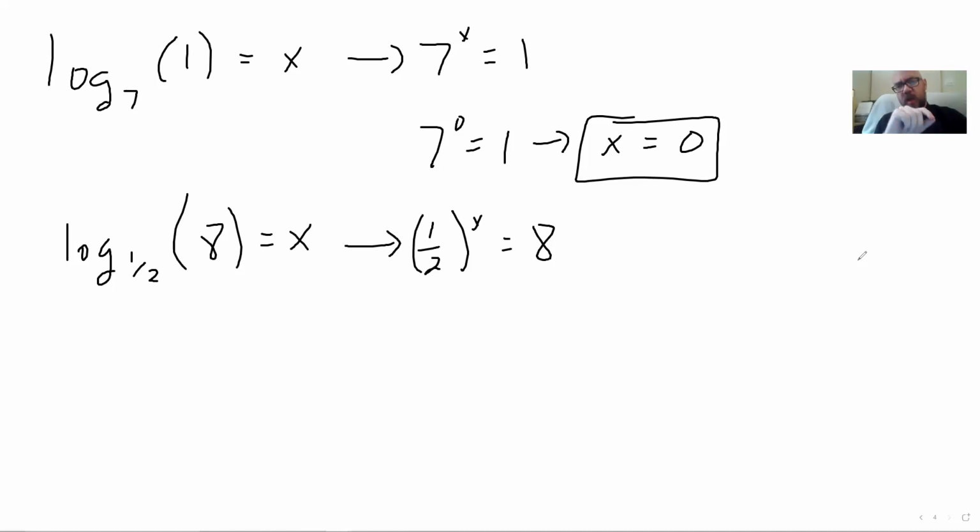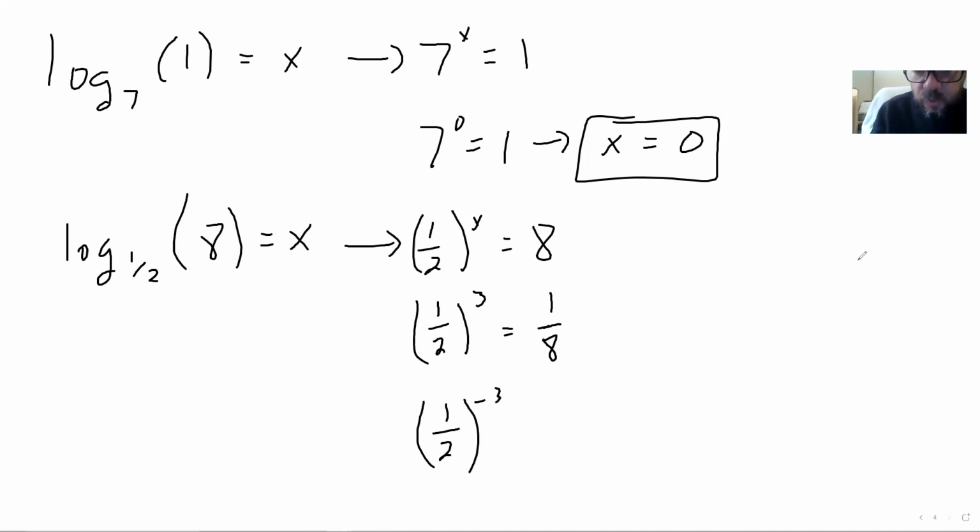Well, I know that 1/2 to the third power would be 1/8, but of course that's upside down, so I should make it negative. 1/2 to the 3 would be 1/8, not 8. So that tells me that 1/2 to the negative 3 would be 8. So x equals negative 3.